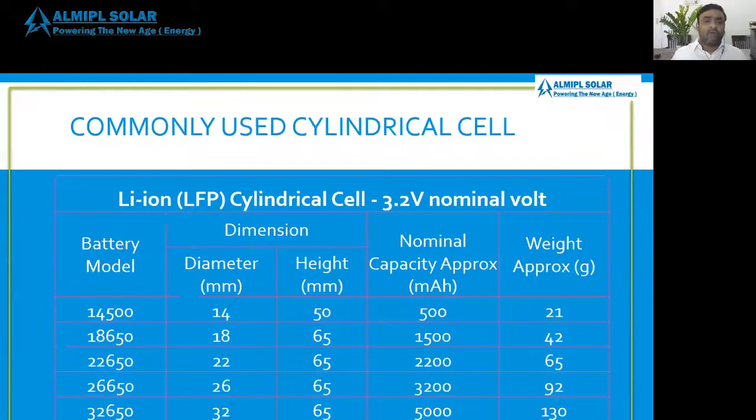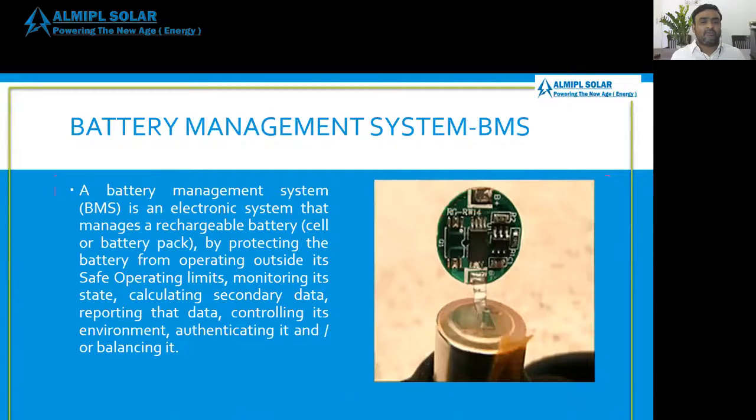Commonly used are cylindrical cells, lithium ion cylindrical cells, 3.2 volt nominal. This gives the battery model, dimension, height, nominal capacity, and approximate weight of the battery.